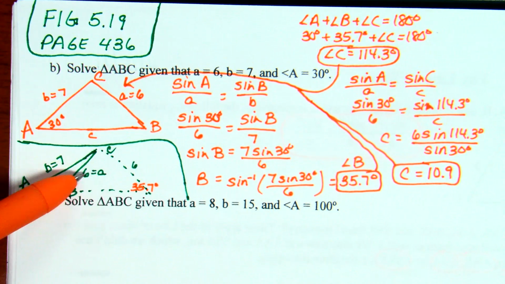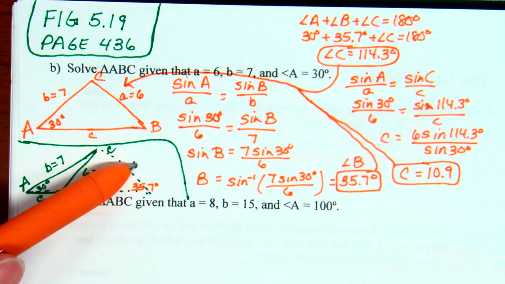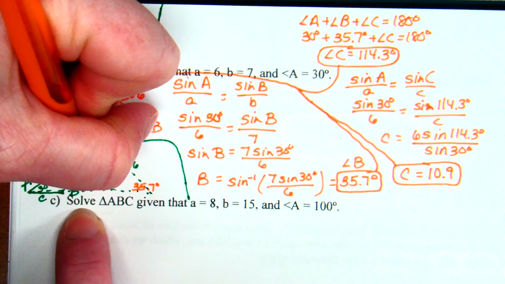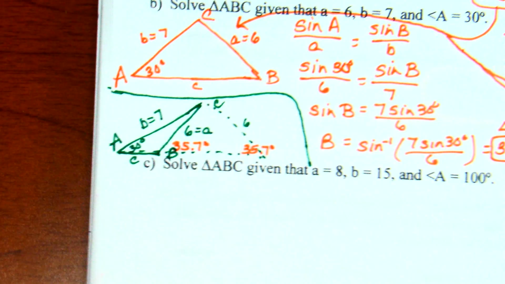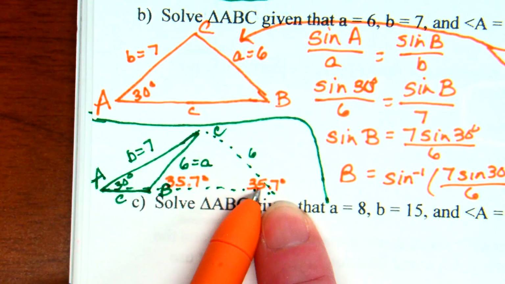Yes, my dotted line and this 6 right here. So these two 6's form an isosceles triangle. If this angle opposite the 6 is 35.7, what else do I know? Right here is a 35.7.